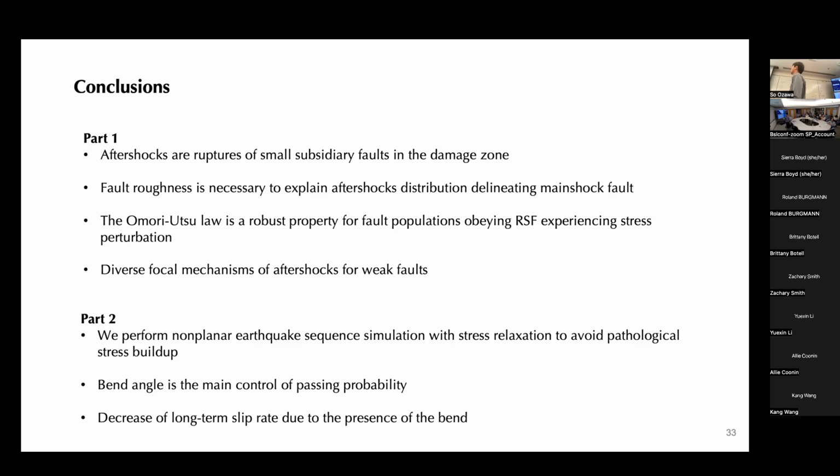In part 2, we performed long-term simulations of a nonplanar fault with a stress relaxation method to avoid unrealistic stress buildup. The bend angle is the main control of passing probability, as suggested by the empirical rules. And the decrease of long-term slip rate due to the presence of a bend is also observed in our simulation.